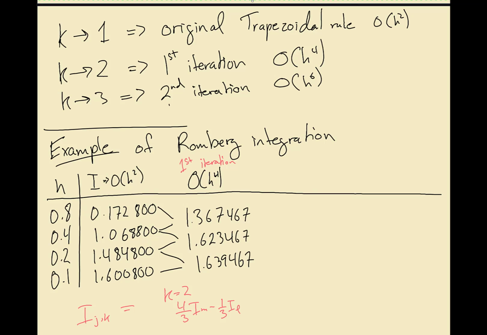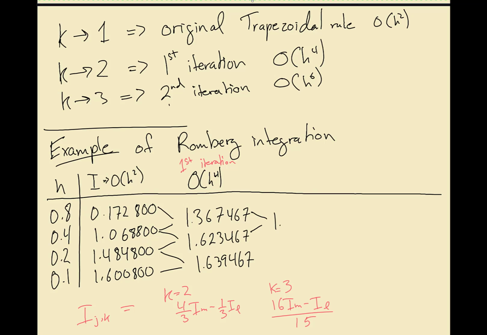If I move on to the second iteration, k is going to equal 3. So now we're going to have 4 to the power of 2. So 16 IM minus IL divided by 15. You apply that between two of these, and IM would be the more accurate.